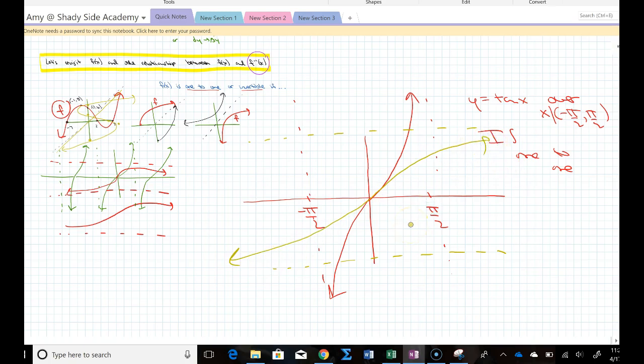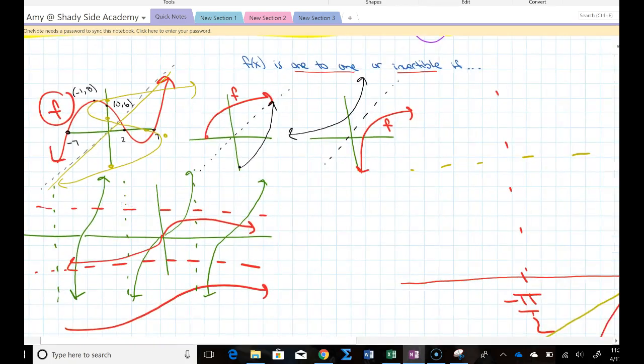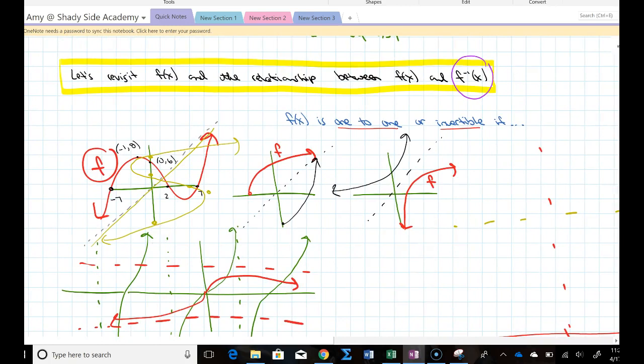So when we talked about functions and their inverses back in the day, this is just a brief refresher. We talked about the fact that inverses and their functions graphically are reflection images of one another over the line y equals x. We talked about the fact that a point (x, y) on function f corresponds to (y, x) on the inverse.